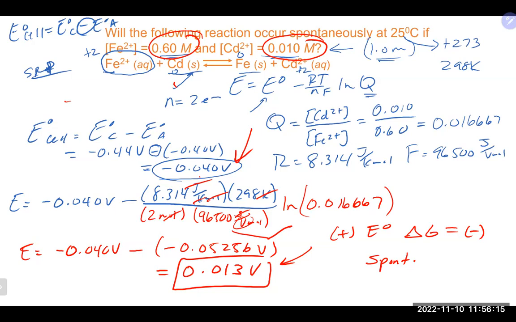Because G gives free energy, which means there's free energy available to do some type of work. In a negative situation, that energy would be given off to do work, which means probably a spontaneous process is going to occur to release some of that energy to do some type of work.